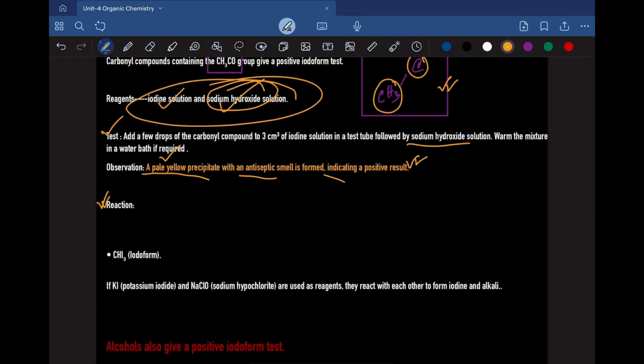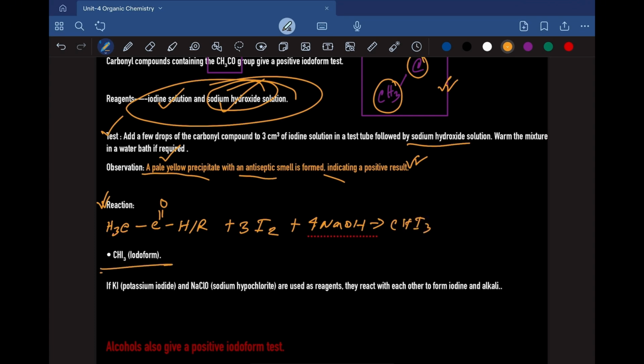And regarding the reaction, I'm writing down the reaction for you guys. The reaction will be like this, which is H3C-CO-R, where R can be a hydrogen or an alkyl group, plus 3 iodine plus 4 moles of sodium hydroxide gives CHI3.